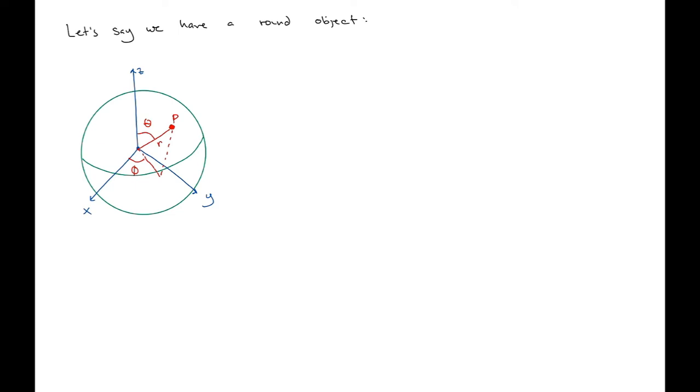Okay, you might have noticed we simplified Laplace's equation down to just two terms, or a dependence on two variables in the last example. We're going to do the same thing here as well.